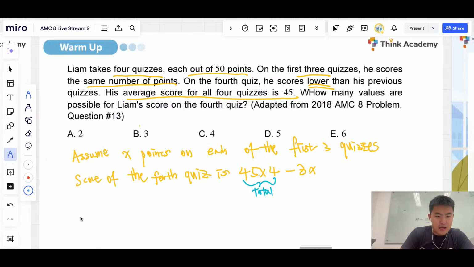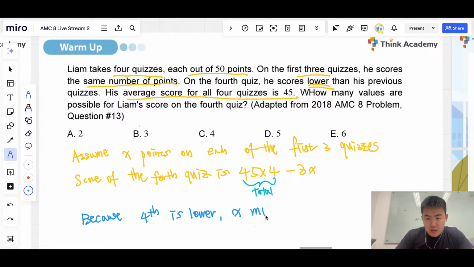Because the fourth quiz score is lower, as given in the problem, x must be more than 45.